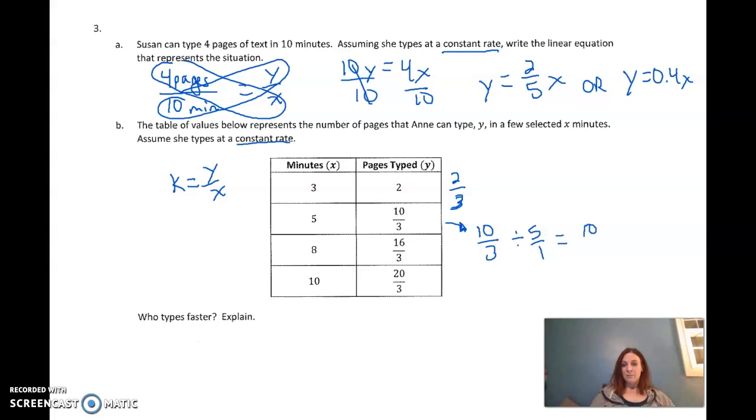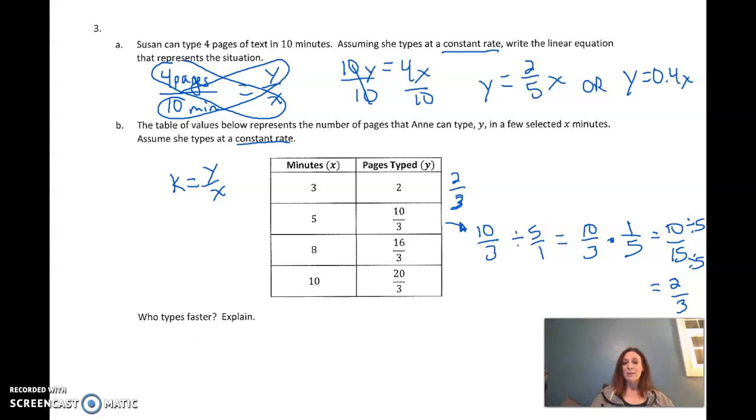Keep it, switch it, flip it. And if I multiply straight across, I get 10 times 1, which is 10, 3 times 5, which is 15, and they both have a common factor of 5. So if I divide a 5 out of both of them, 10 divided by 5 is 2, 15 divided by 5 is 3. So notice we get 2/3, and that would happen for all of them.